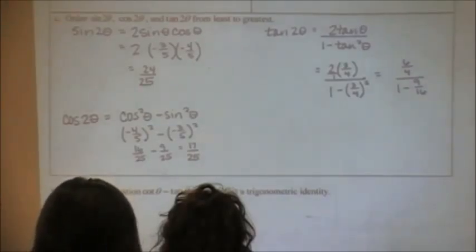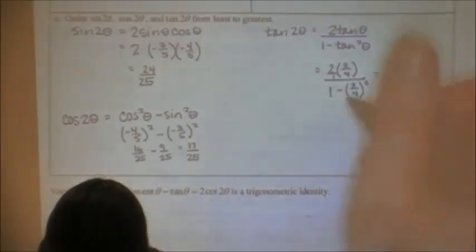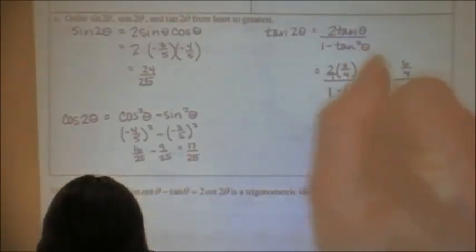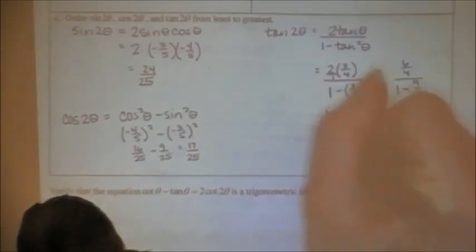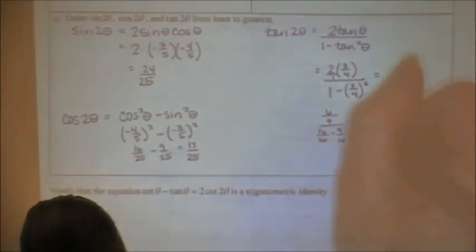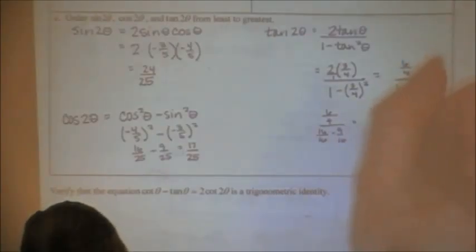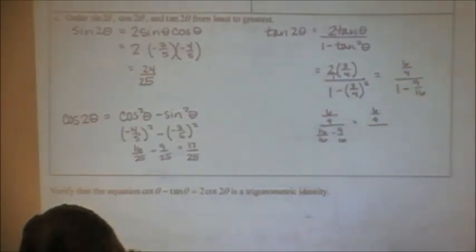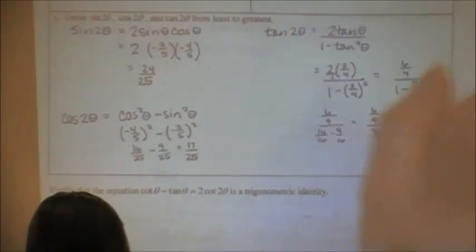Okay, so now I need to change that 1 to something with a common denominator, so I should actually subtract on the bottom. So it's going to be 16/16. So I haven't done anything to the top, it's still 6/4. On the bottom, if you subtract, you get 7/16.